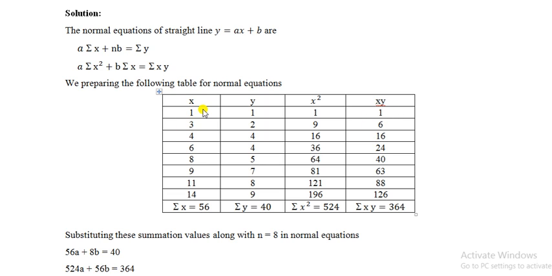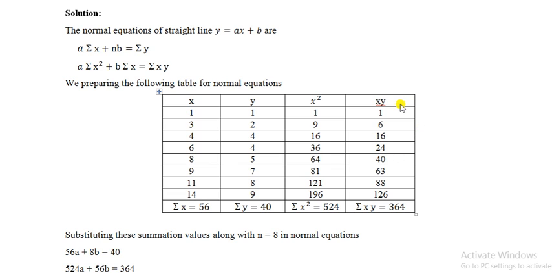Now use the given tabular values of x and y and add all these numbers, which gives summation of x as 56. Then similarly add all the y values, which gives summation of y equal to 40. Then x square means square each value: 1 square is 1, 3 square is 9, 4 square is 16, and similarly square all the terms and add them, which gives summation of x square as 524.